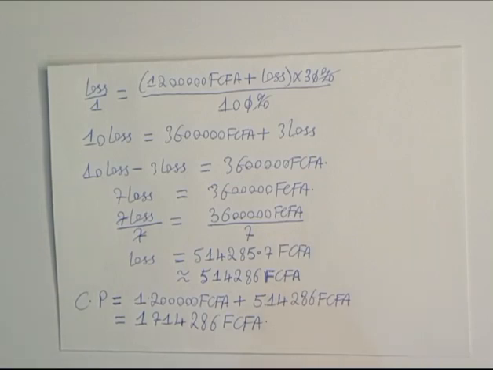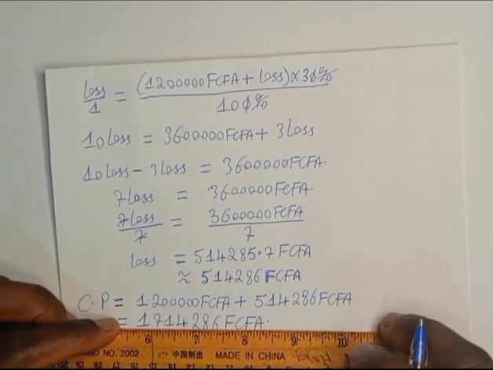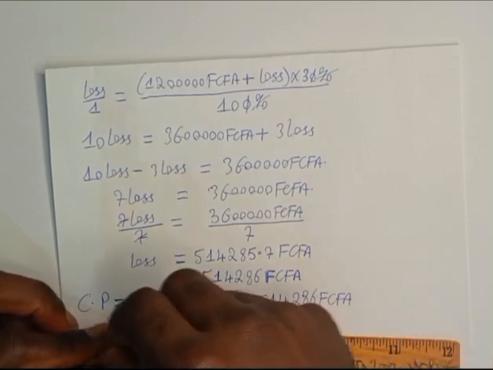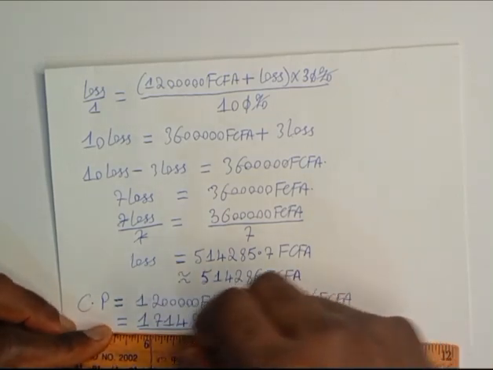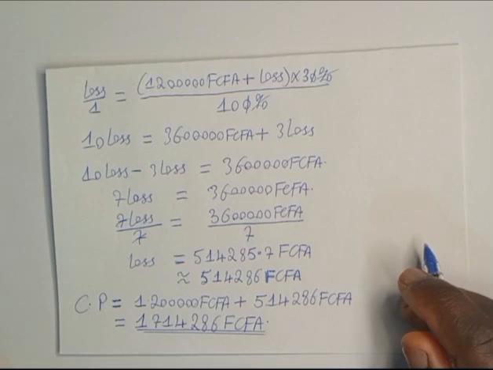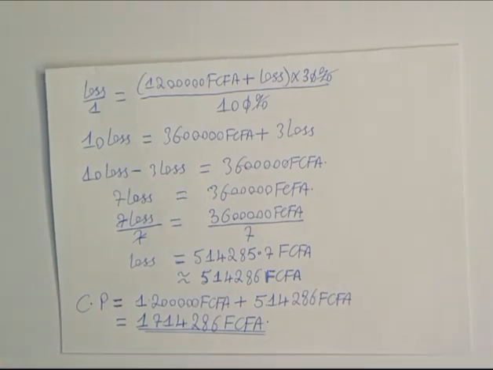So this is the cost price of the item, which was sold at 1,200,000 francs CFA with a percentage loss of 30%.